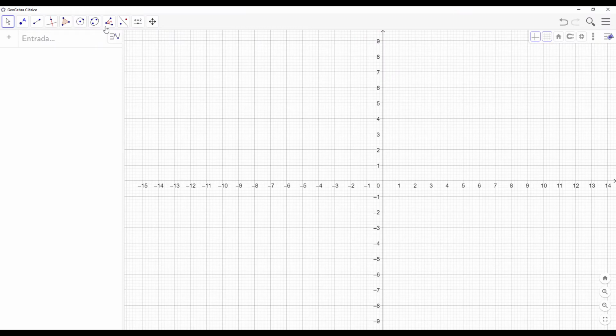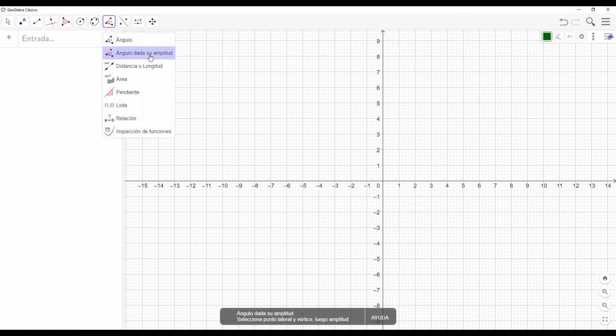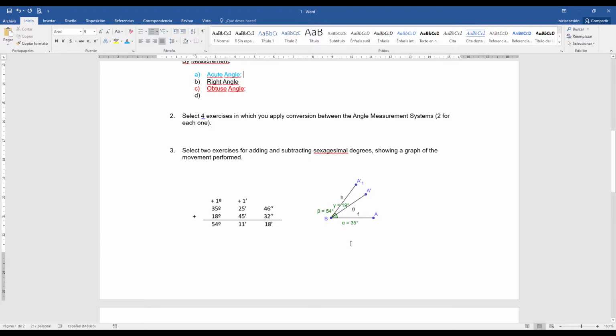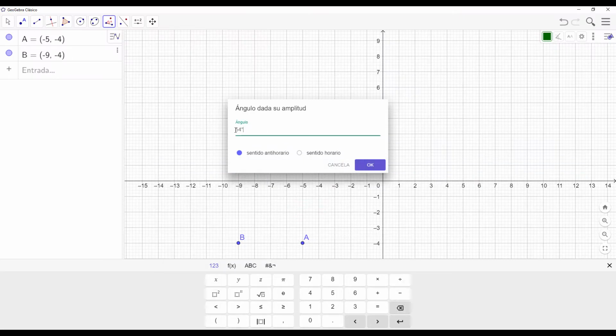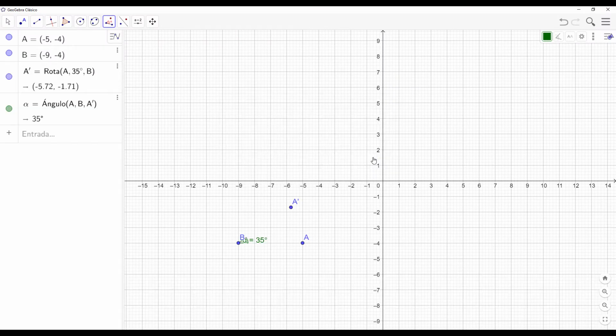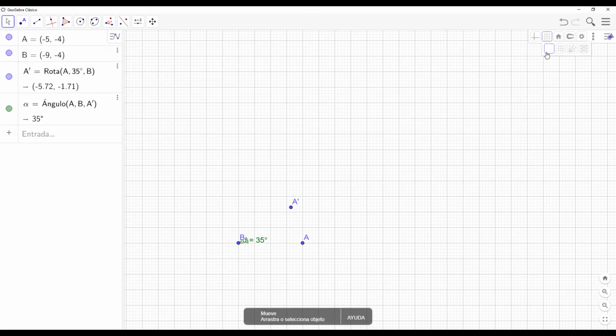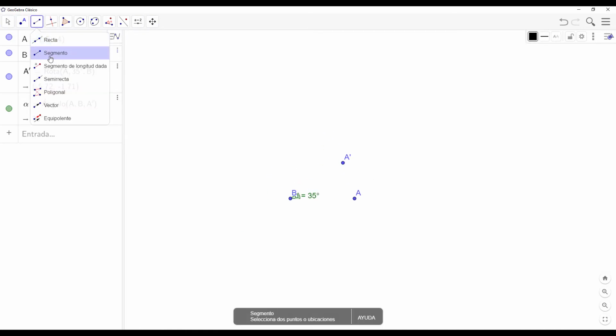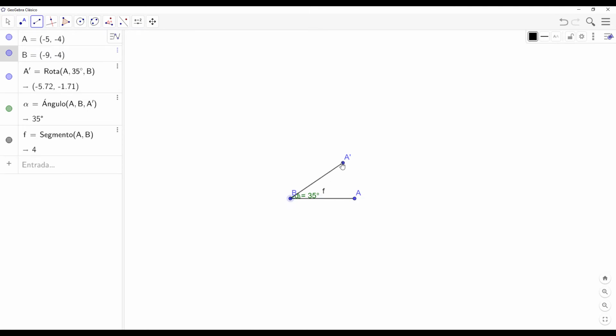How can you do that? In GeoGebra you use that kind of angle by measurement. For example, here, 35 degrees. Let me clean. You need to draw the sides of the angle.